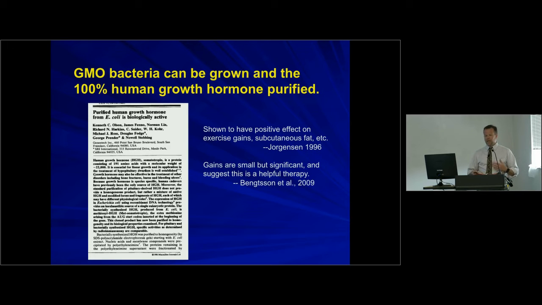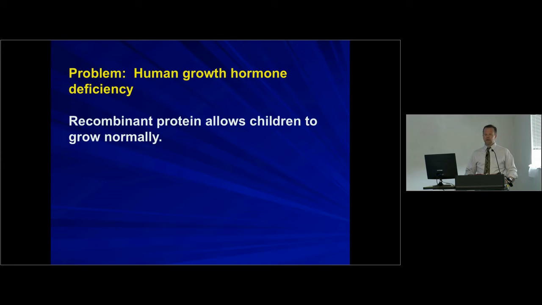Even though the gains aren't huge, they're still pretty good, and suggest that these are important therapies for people suffering from growth abnormalities. Basically, it's an idea that we can help people who have a genetic affliction that slows the normal growth process grow better with human growth hormone.